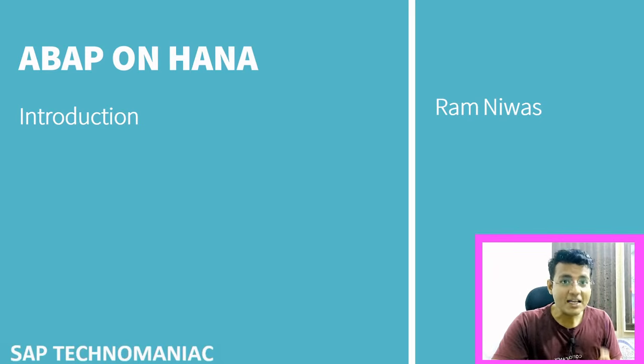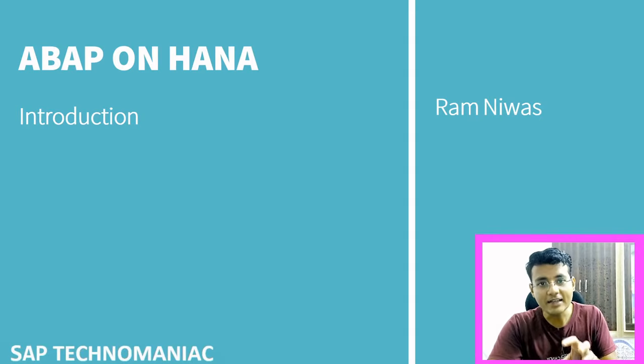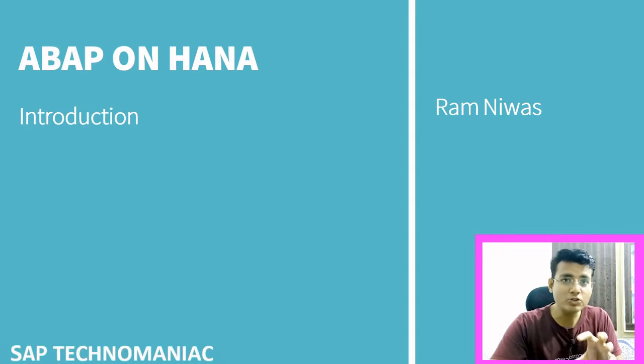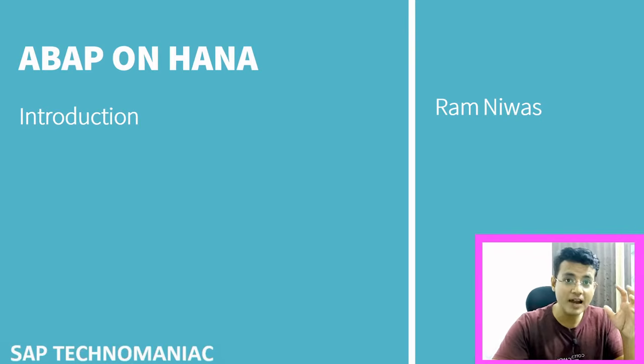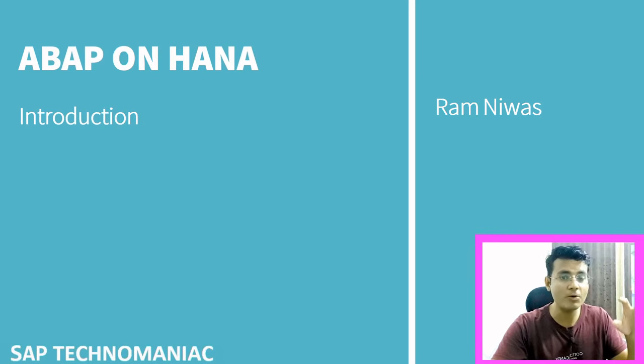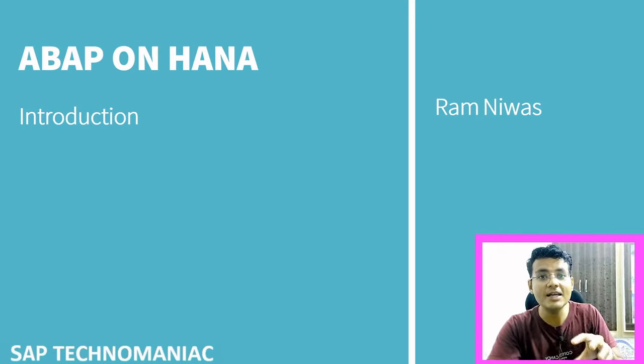Based on the database, we have to change our programming as well. Previously, we were writing ABAP code and doing most of the things at the application layer. Now, since our database got changed, and per SAP that database is more powerful, they are telling you to do most of your calculations and complex things at the database layer instead of the application server layer.